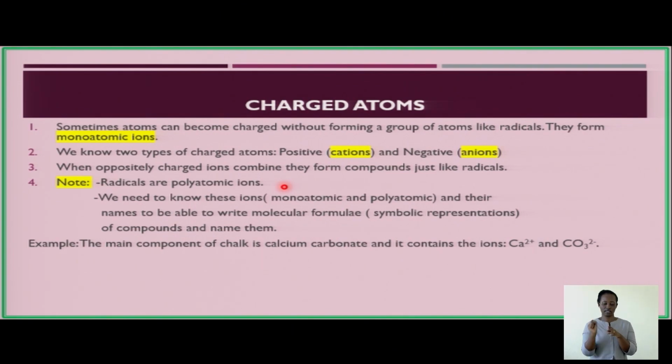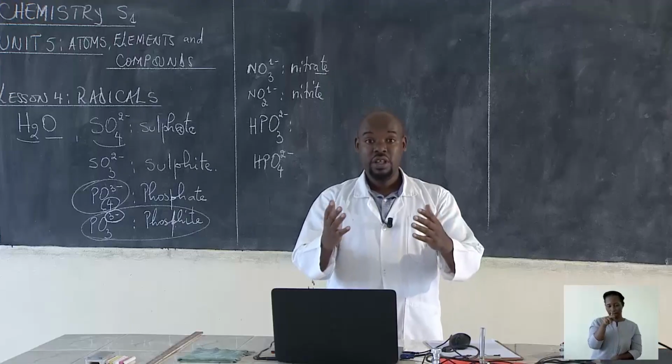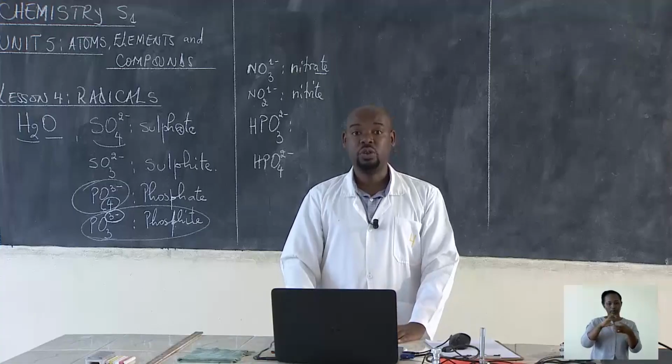And when they combine, we get compounds, just like the radicals. What we have to note here is that radicals are also ions, but which are polyatomic. So they contain many different ions or atoms. And we need to know these ions, the monoatomic or polyatomic, because if we have to write the names of compounds, then we need to know the different parts forming those compounds and their names, of course.